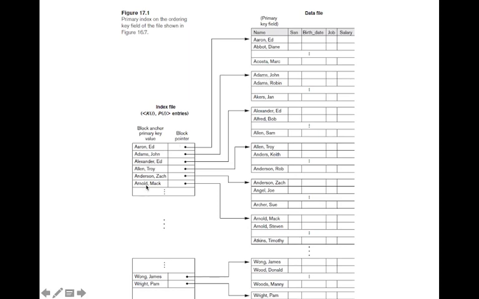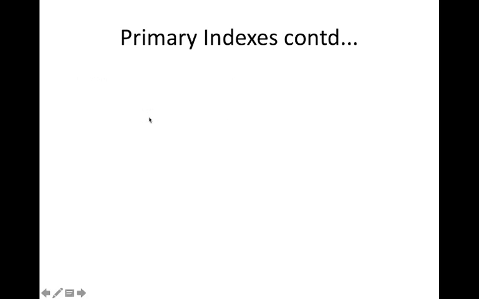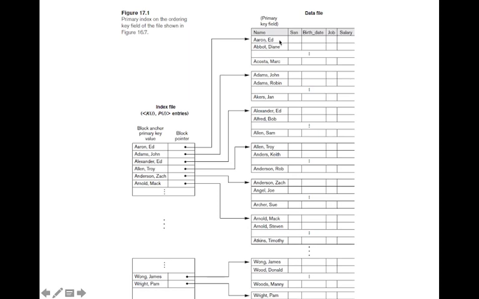Similarly, Arnold Mac is the block anchor of this block. So this is known as the block anchor, or anchor record. This Aaron Aids is known as the anchor record. There is one index entry in the index file for each block in the data file. So we have only block addresses.